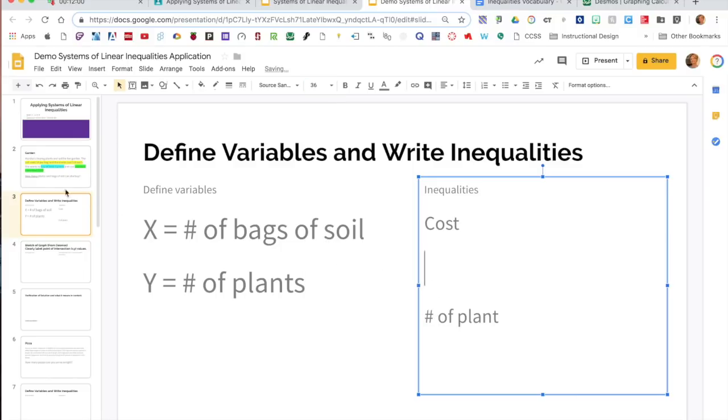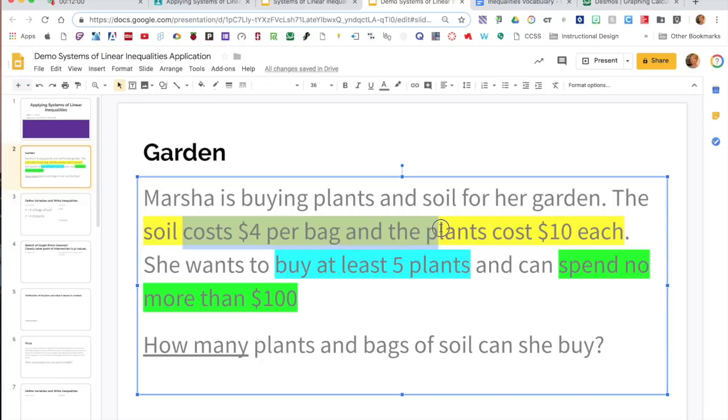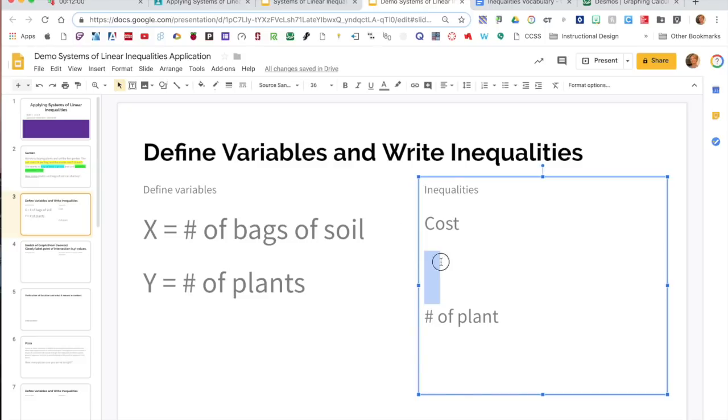We know how much each one of them costs. We could take this sentence right here, and knowing our variable definitions, we can use that to write the first part of our inequality. We know it's $4 per bag of soil. Soil was our x value, so we say 4 times x. And then $10 for each plant, so we could say plus 10y. So I'm going to write that out under here under my cost. So I have 4x plus 10y.